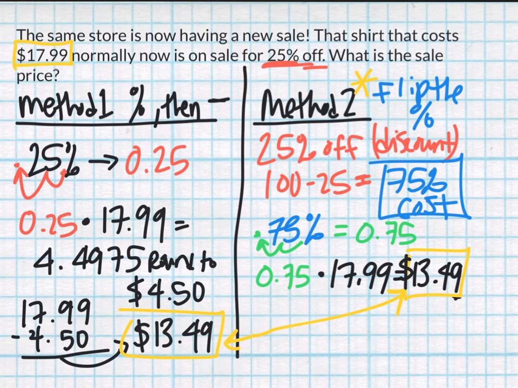So if you're going to memorize anything, this one is the one that's going to help you the most often. If something's 33% off, well, flip the percent to 66%, 0.66 times your original price, and you'll have the sale price. So this is the most useful thing in this video. You can easily find the sale price of anything that you are looking at if you flip the percent, and then you don't have to do any subtracting.